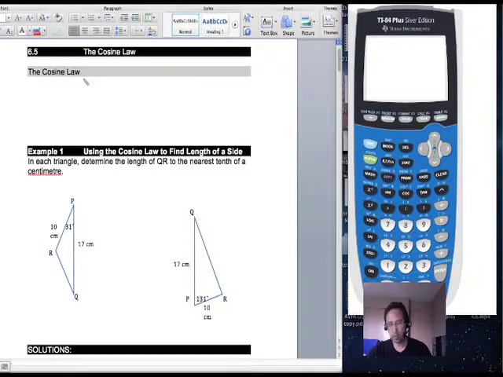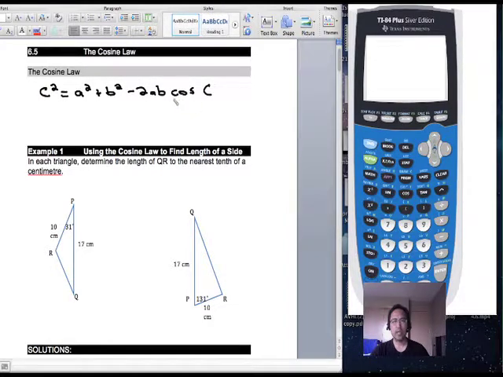So this is for a non-right triangle, and the cosine law looks like this. C squared is going to be equal to A squared plus B squared minus 2AB cos C. So if in this particular equation we're looking for a line segment, we solve for the C squared over here.